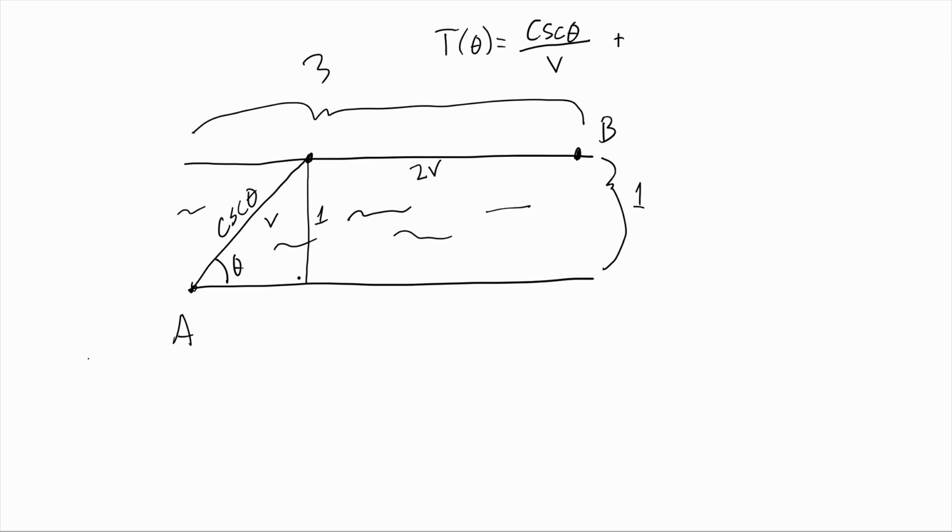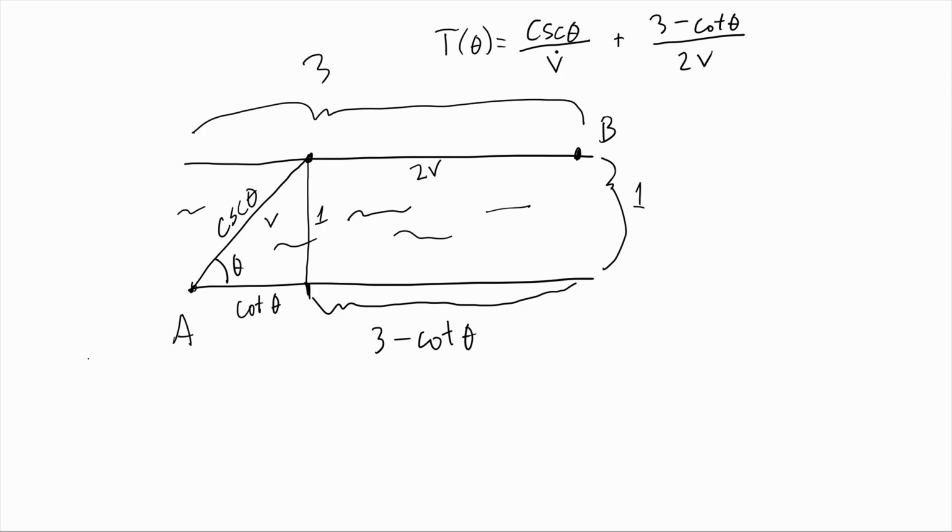With the 1 being here, this length would actually be cotangent theta, just like that one's cosecant theta. So the length on land, from here to here, is actually 3 minus cotangent theta. That's the distance on land divided by the speed, which is 2v. So 3 minus cotangent theta all over 2v. So that's the function for time.